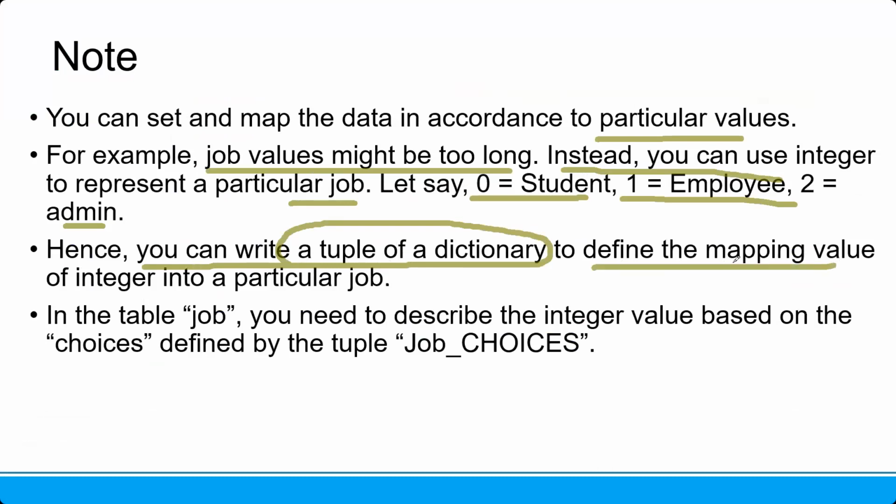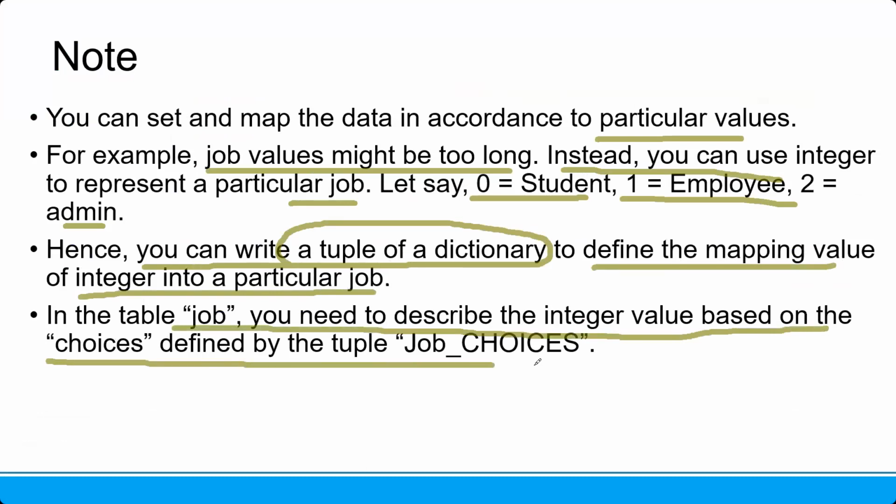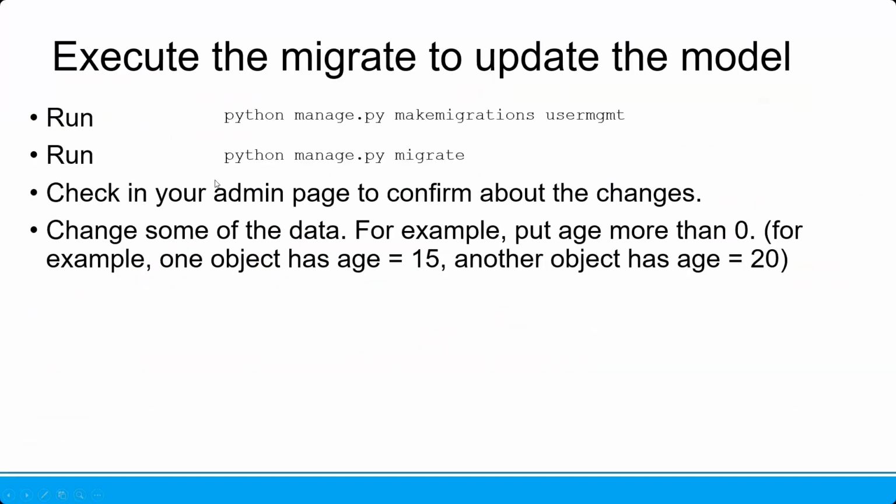It is to map the integer value into a particular job. So in the job table, you need to describe the integer value based on the choices defined by the tuple, which is the job choices. Because we have some updates, please do not forget to do the make migration and migrate.